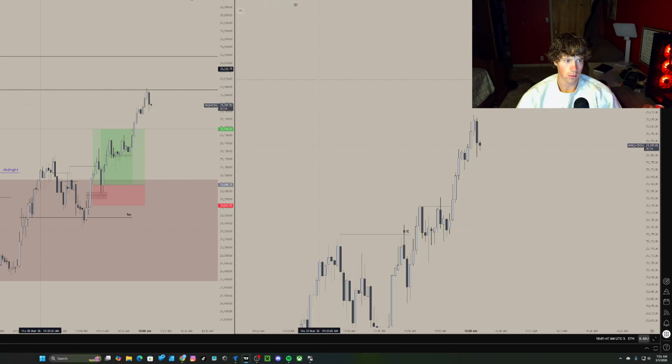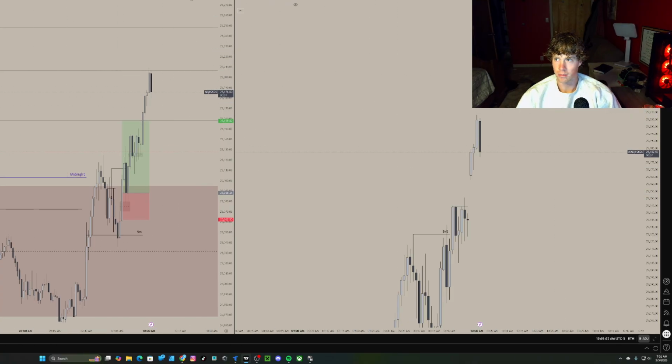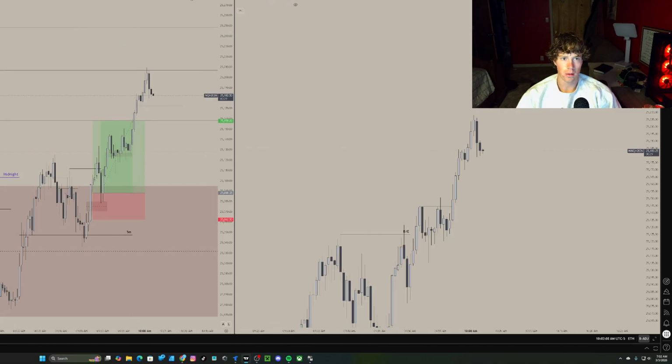And we have unfilled 1 minute gaps below with the 30-second inversion we're about to get. We did just get. This is my last trade, genuinely. Like, genuinely my last trade.